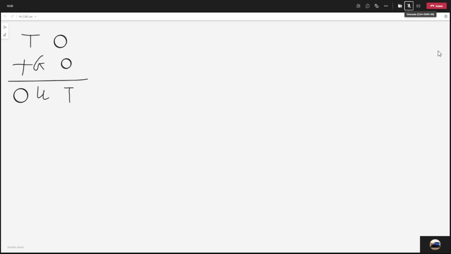Addition of two numbers with n digits is getting a result of n plus 1 digits. Then the leftmost digit must be equal to 1. So from rule number 5 we can say that O is equal to 1.